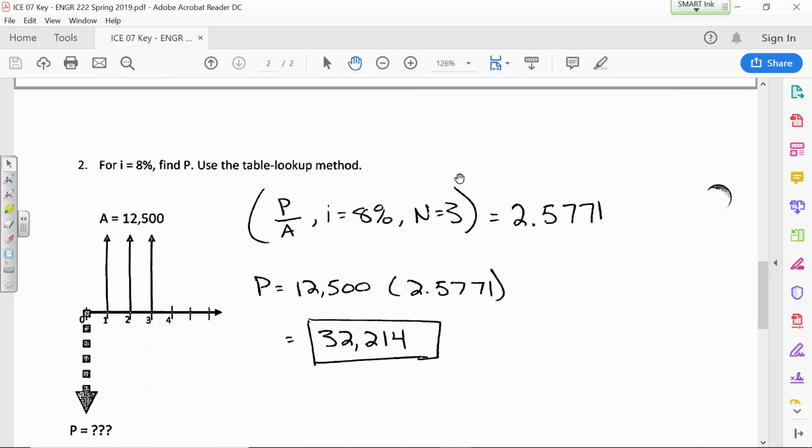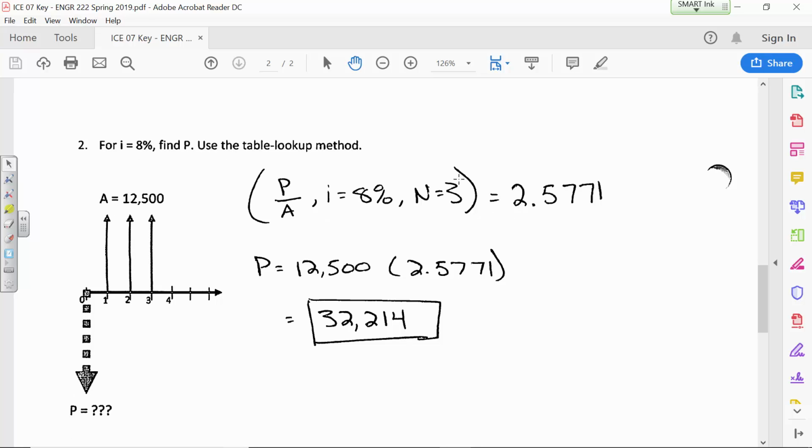Okay, I got another good question as I was walking around. Someone asked, how do you express that something was looked up from a table? You could just write that in words, from table A5 or whatever the appendix number is. Or the other way is like this: we summarize the problem inside the parentheses.